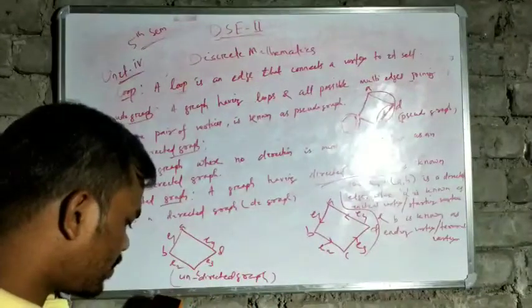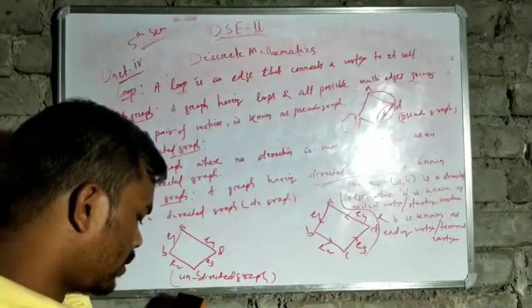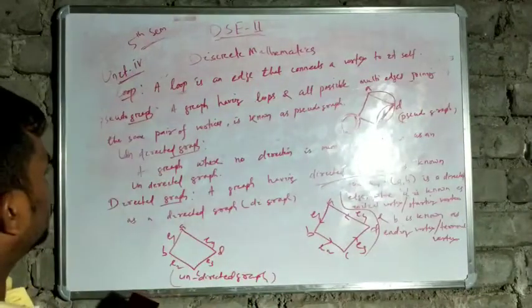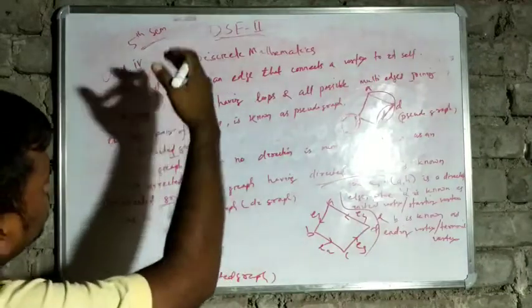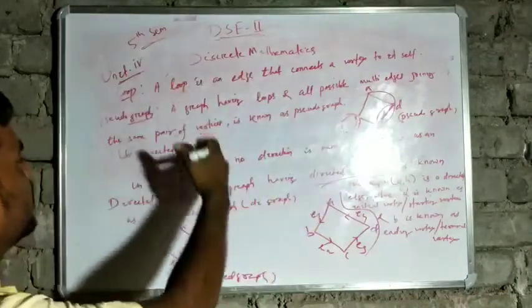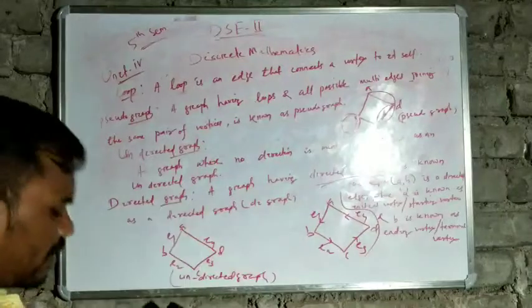Okay. So now we'll see. We already know what is a simple graph, multigraph, undirected graph, directed graph.